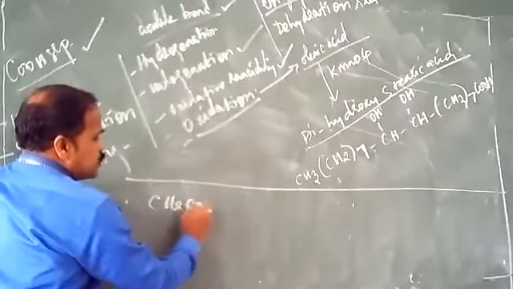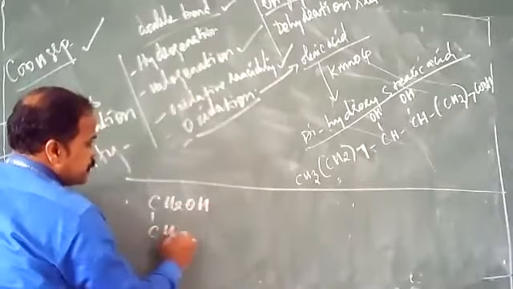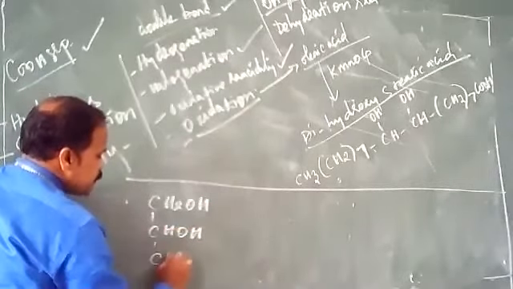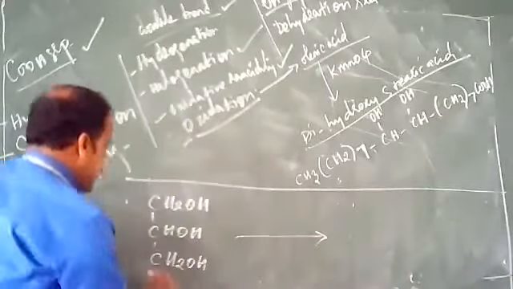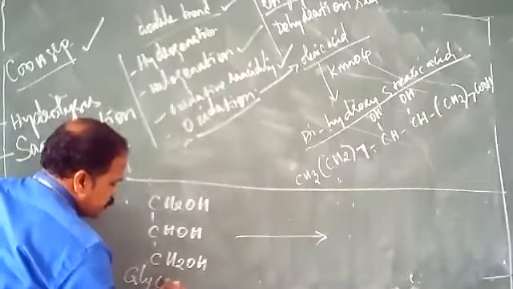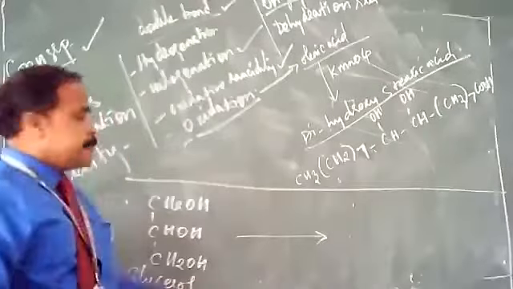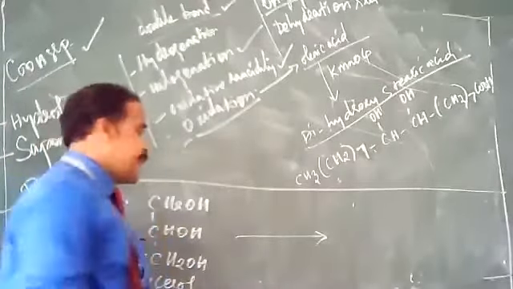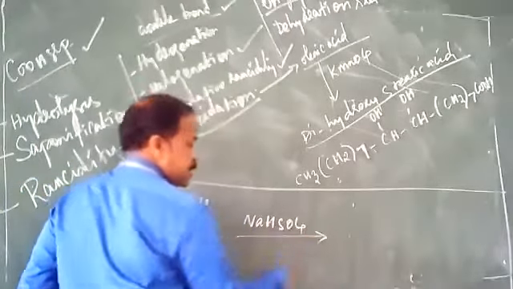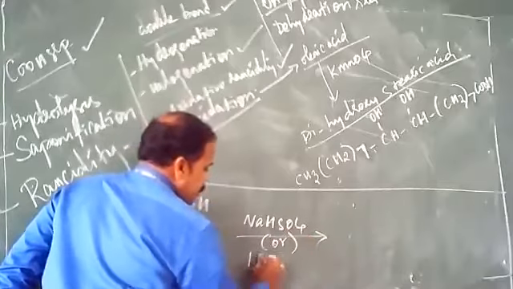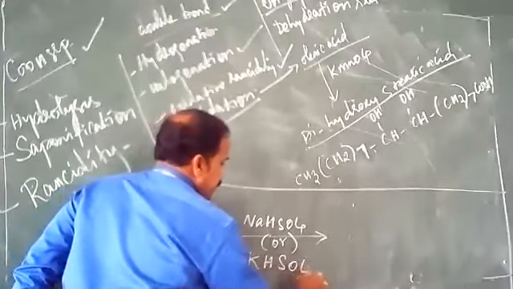We all know glycerol: CH2OH, CHOH, and then CH2OH. The dehydrating agent is sodium hydrogen sulfate, NaHSO4, or potassium hydrogen sulfate, KHSO4.